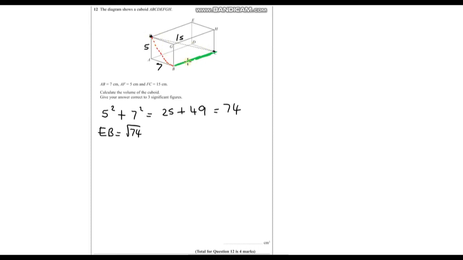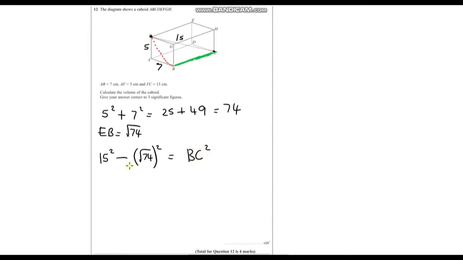So to work out this length, we're going to use Pythagoras again, 15 squared. But this time, instead of adding, we're going to subtract because we've already got the hypotenuse. So 15 squared minus this red length squared. That red length is root 74. So root 74 squared, and that's going to give us BC squared.